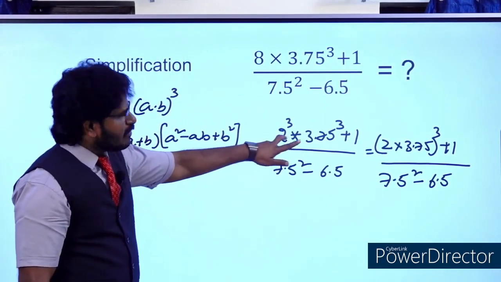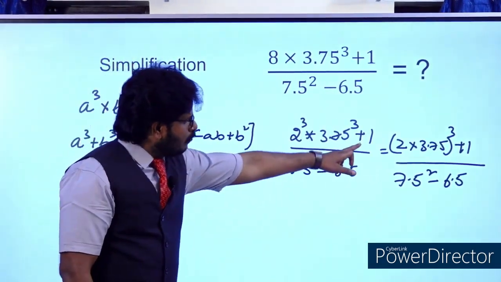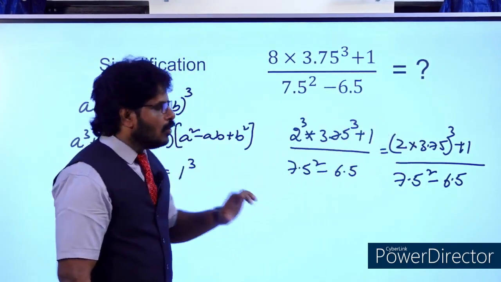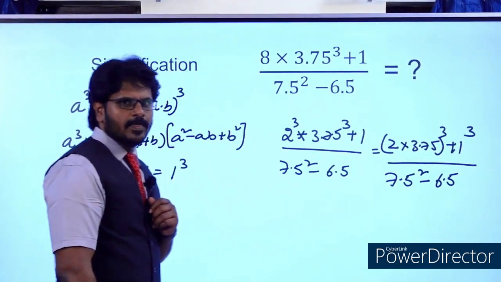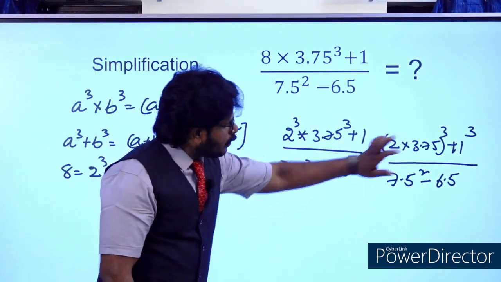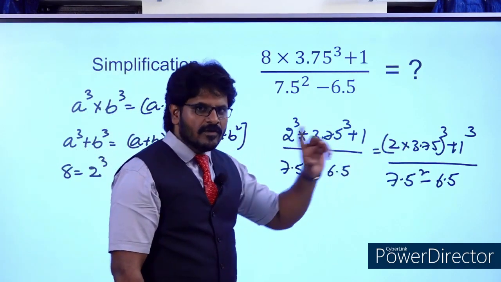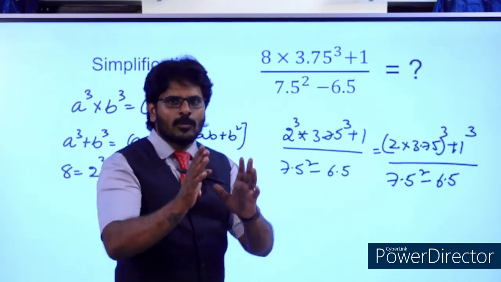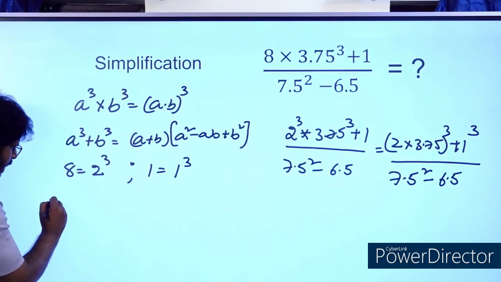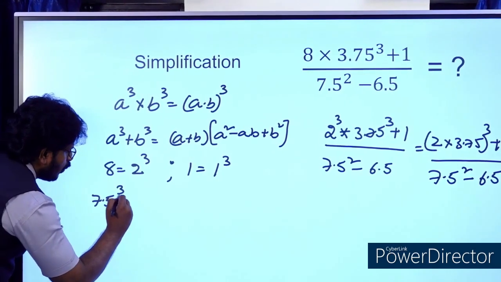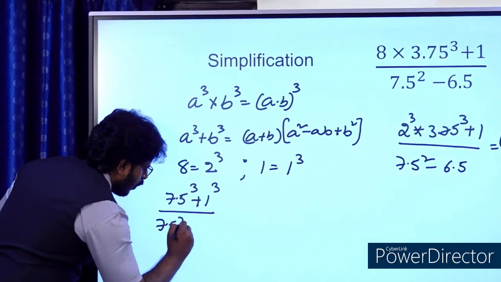We apply the formula to these two: a cube into b cube, a into b whole cube. Next to it there is 1, I am writing 1. So instead of 1 we can write it as 1 cube. No issue, the value is 1. Now look at this, what is the value of 2 into 3.75? 2 into 3 is 6 and 2 into 0.75 is 1.5. So 6 plus 1.5 is nothing but 7.5. So altogether we can write it as 7.5 cube plus 1 cube by the denominator as it is, 7.5 square minus 6.5.